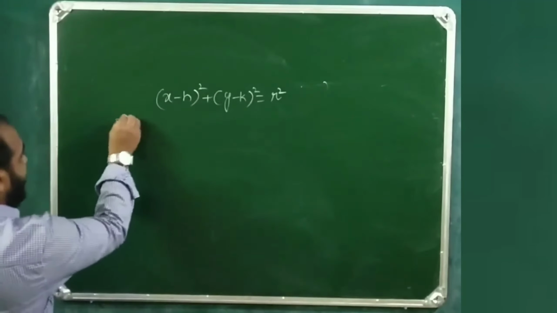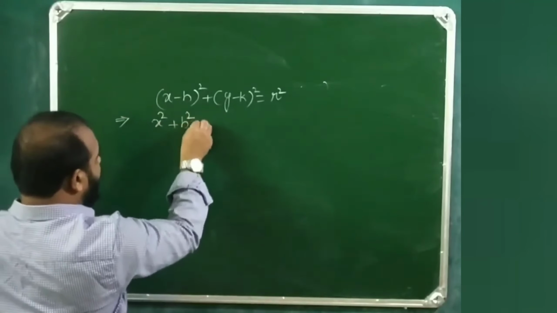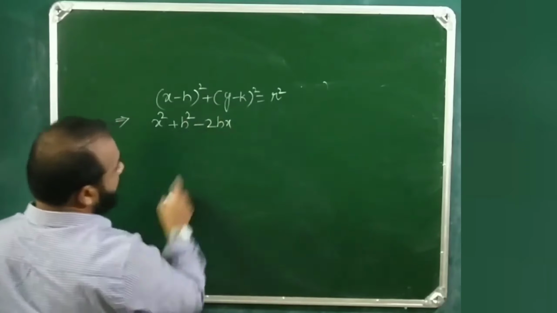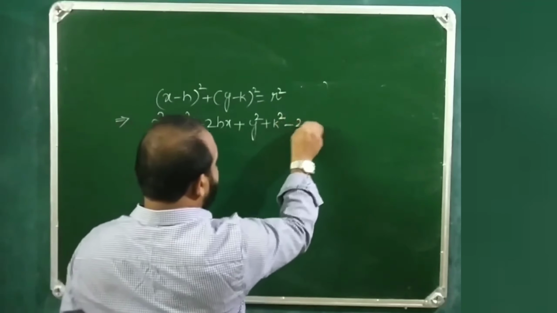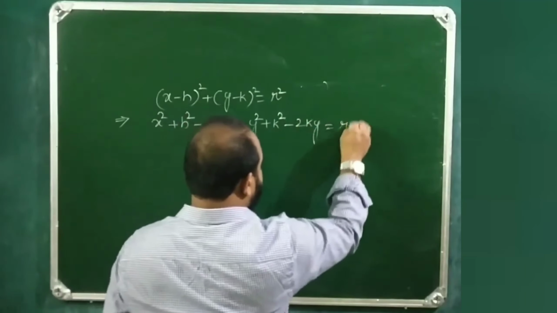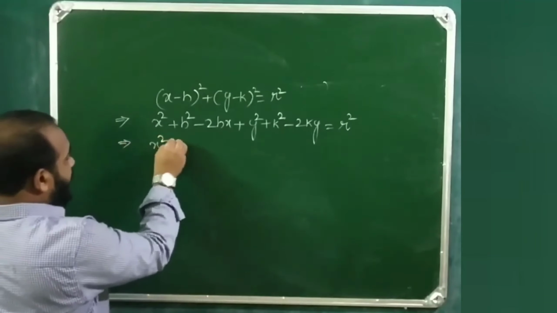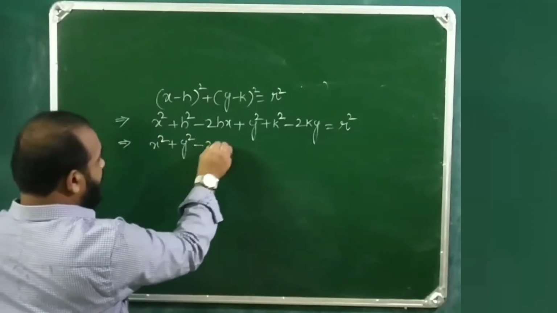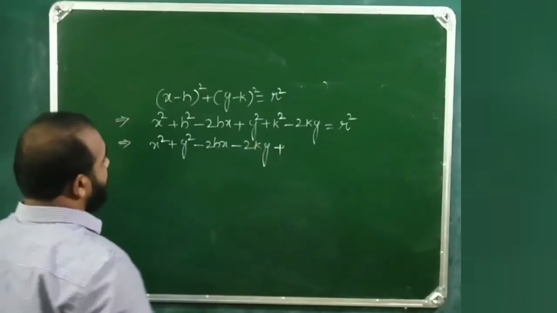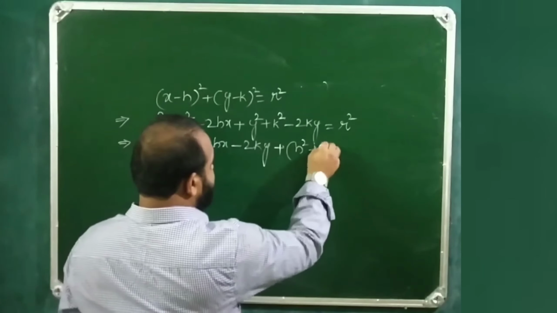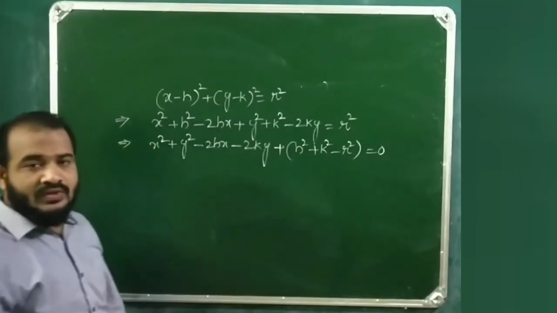So let us expand it. (a minus b) whole square is a square plus b square minus 2ab. So x square plus y square minus 2hx minus 2ky plus h square plus k square minus r square is equal to 0.